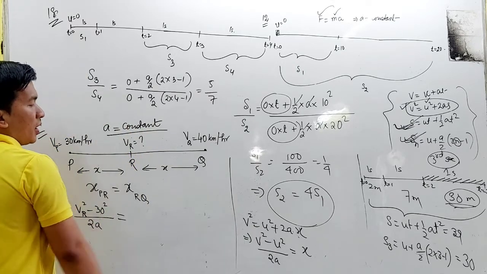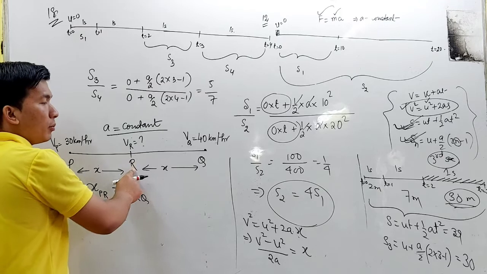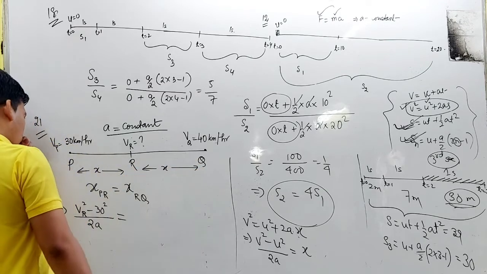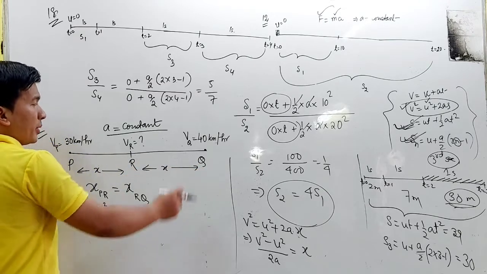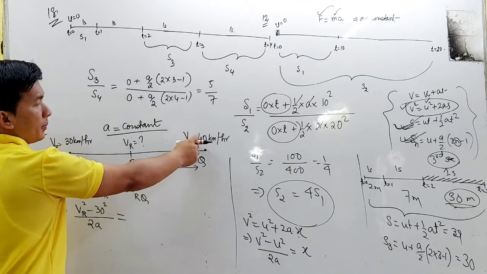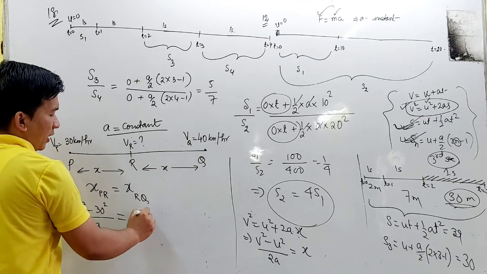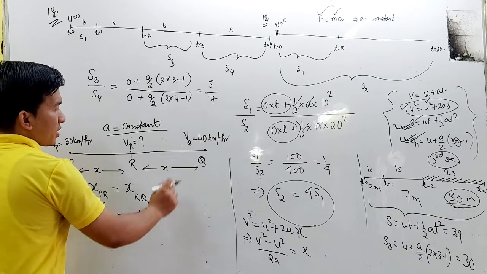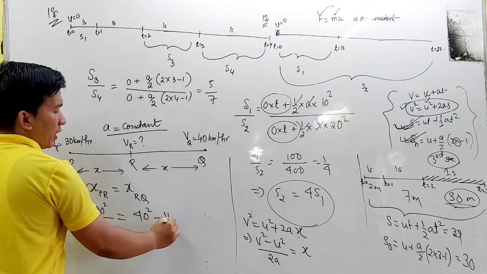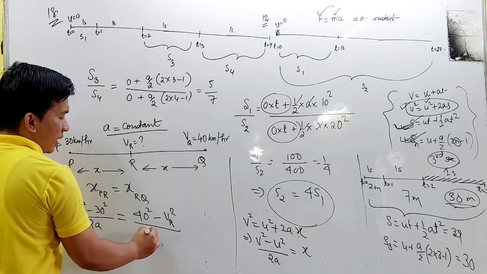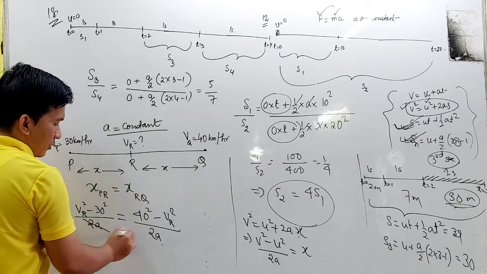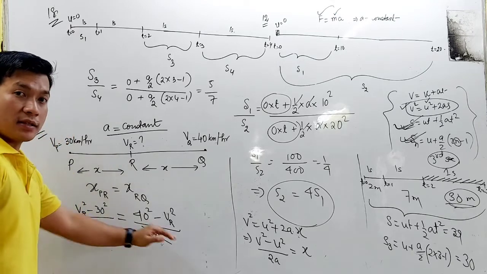Next, if we consider the displacement from R to Q, the final velocity will be VQ, represented as 40 square minus the initial, VR square, divided by twice a. Here twice a gets cancelled out.